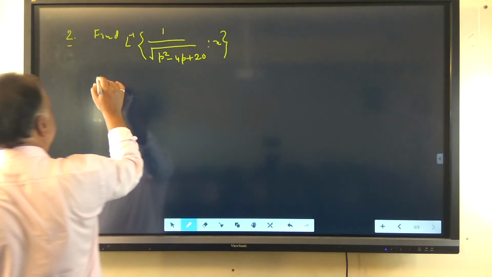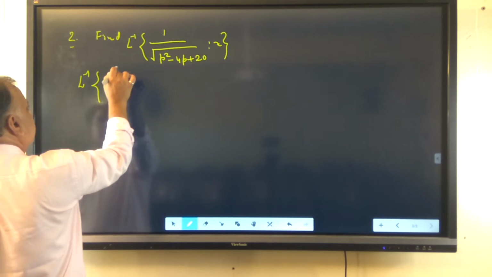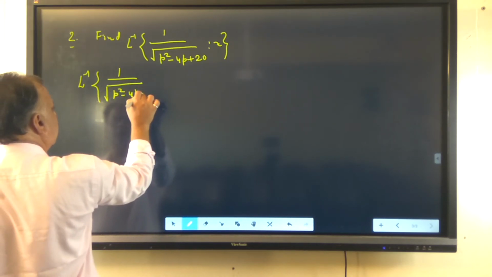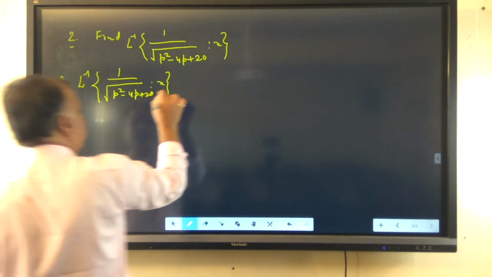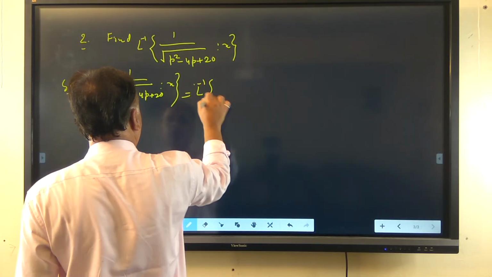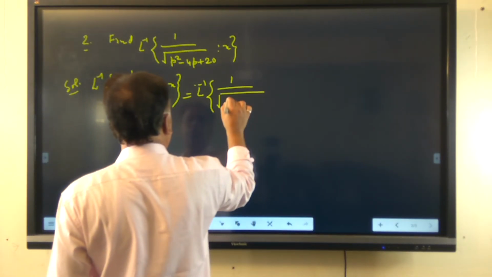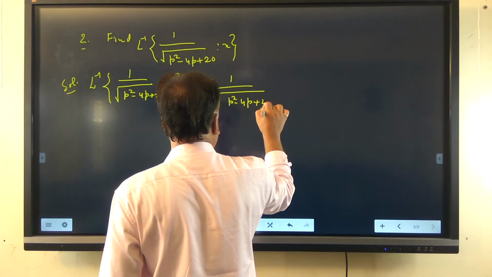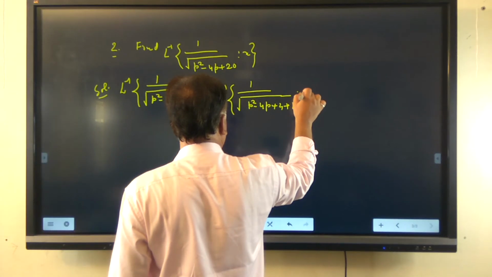If we manipulate this, the inverse Laplace transformation of 1 upon under root of p² − 4p + 20 with respect to x can be written as the inverse Laplace transformation of 1 upon under root of p² − 4p + 4 + 16 with respect to x.